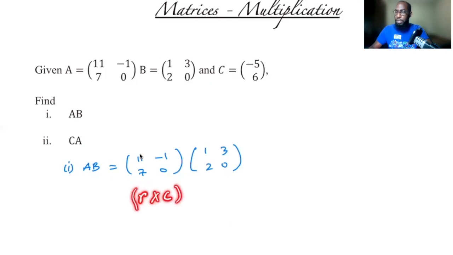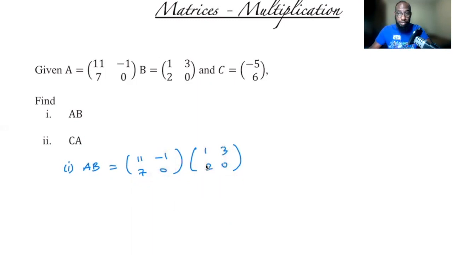This gives you the size of the matrix. So the size of this matrix A is a 2 by 2. Same with B, 2 rows, 2 columns. So B as well is a 2 by 2 matrix.